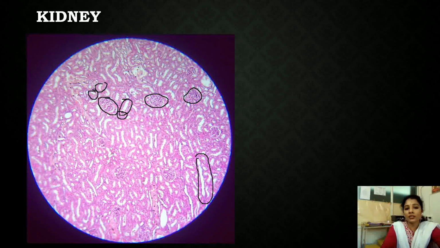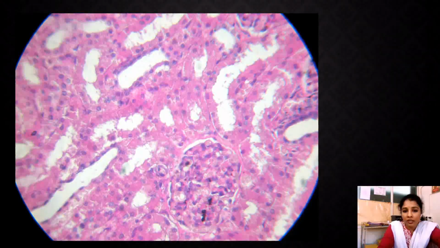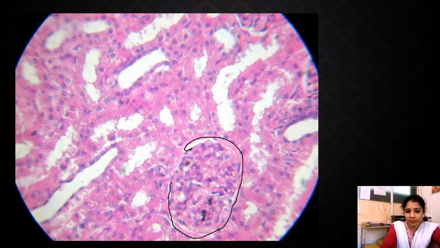What we are seeing here is the cortex. That is the reason we are seeing the glomeruli, PCT, proximal convoluted tubule, and distal convoluted tubule. This is a closer view which is well demonstrating the glomerulus. So here is the Bowman's capsule. I am drawing the outer lining of the Bowman's capsule here, which is like a double layered membrane.